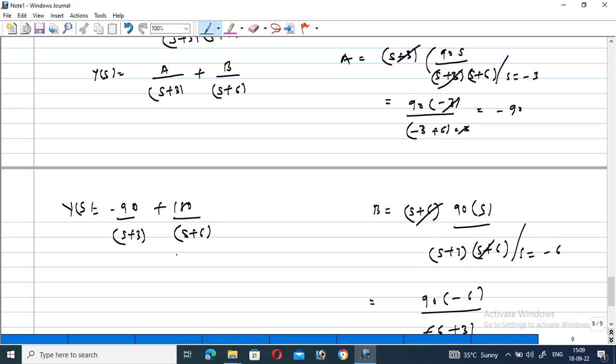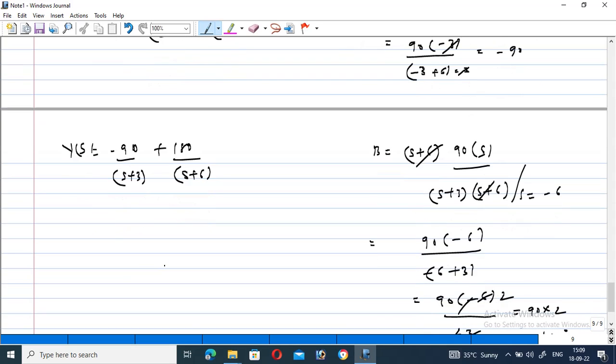Now if you want to find out the y of s value, our need is just to calculate the inverse Laplace transform. Therefore we will get y of t is equal to minus 90 into, for s plus 3, it is in the form of e power minus a t into u of t, which is equal to 1 by s plus a.